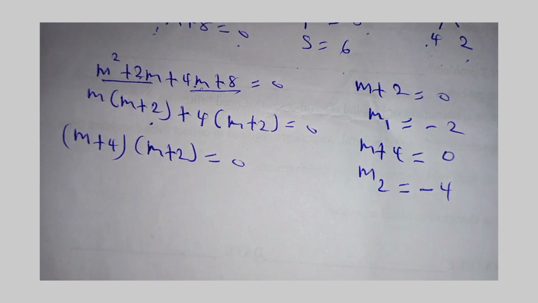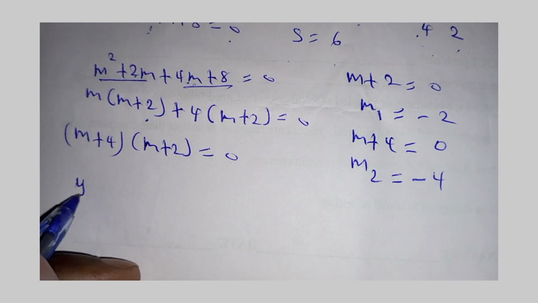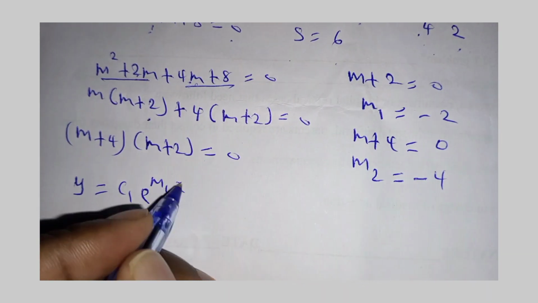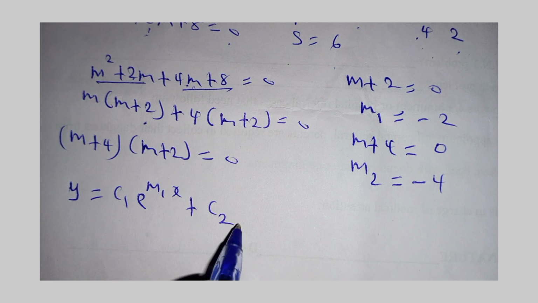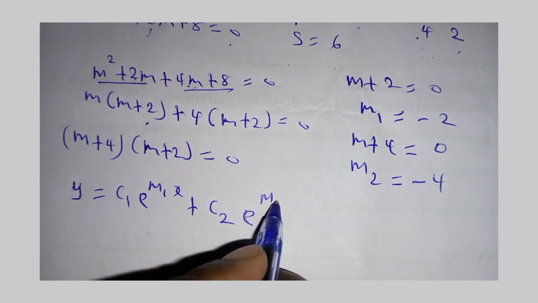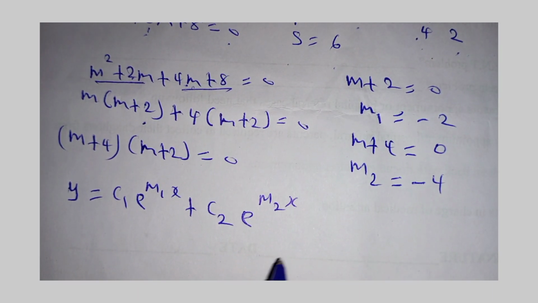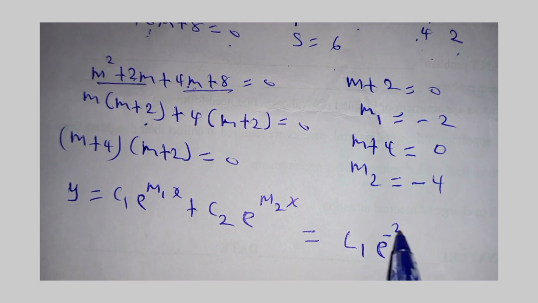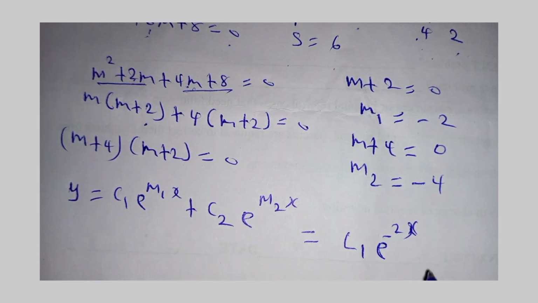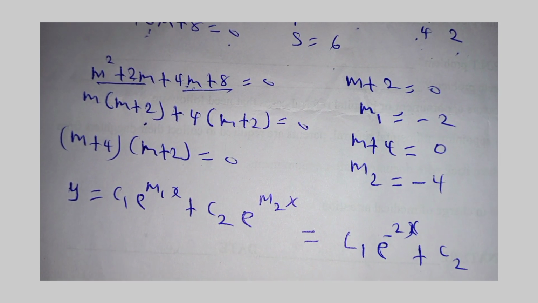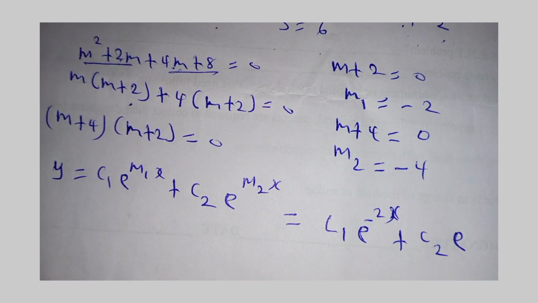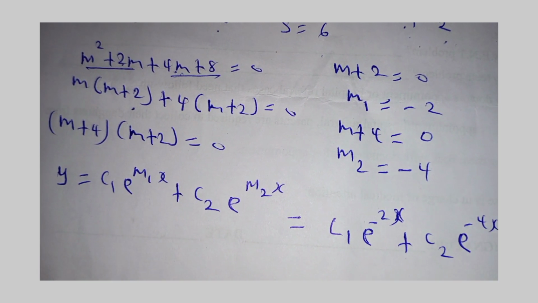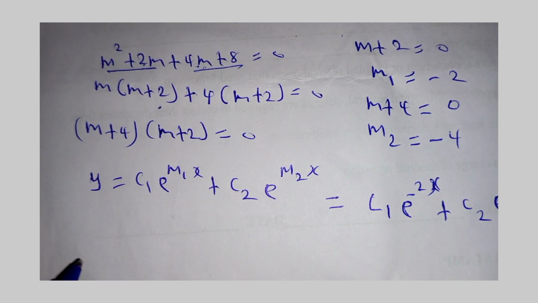So the linear combination of our solution will be given by this form: y is equal to c1 exponential m1x plus c2 exponential m2x, which is equal to c1 exponential -2x plus c2 exponential -4x. That is our solution of the given ODE.